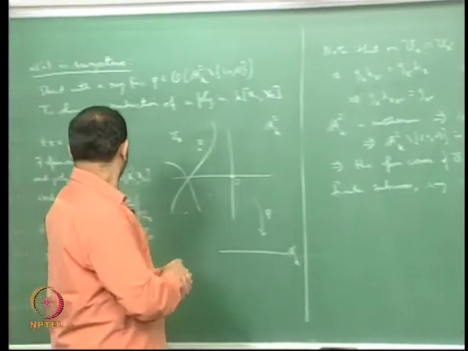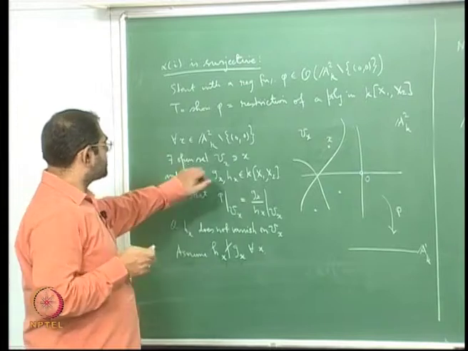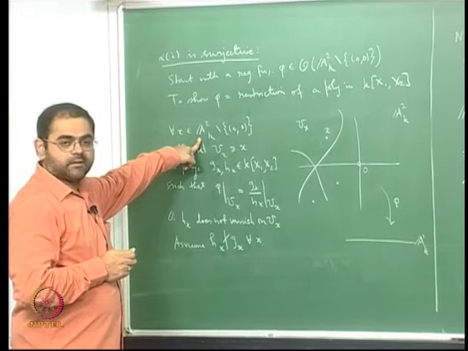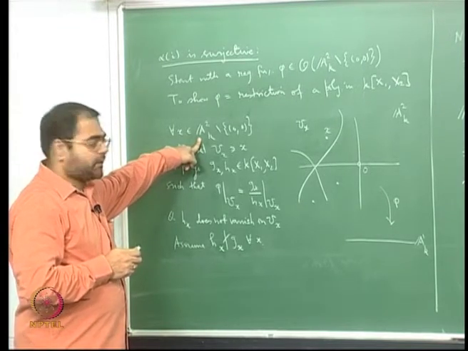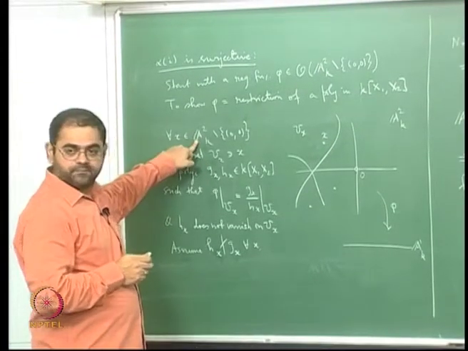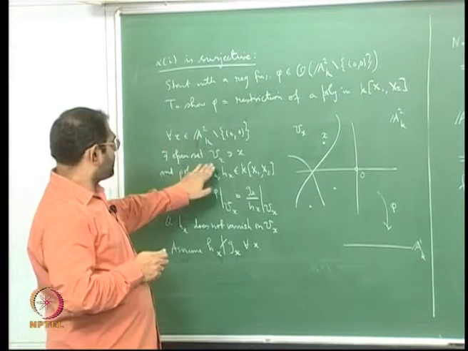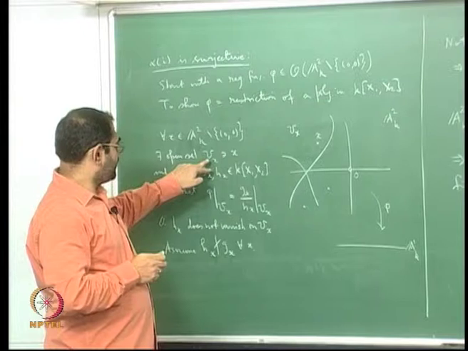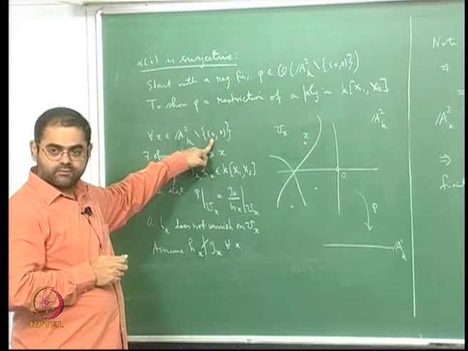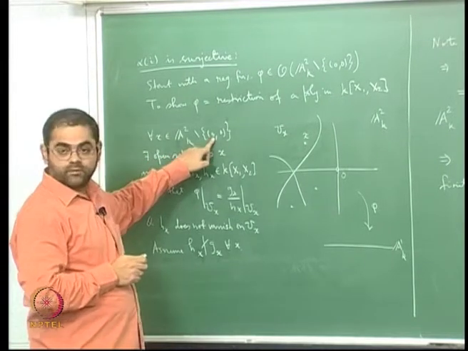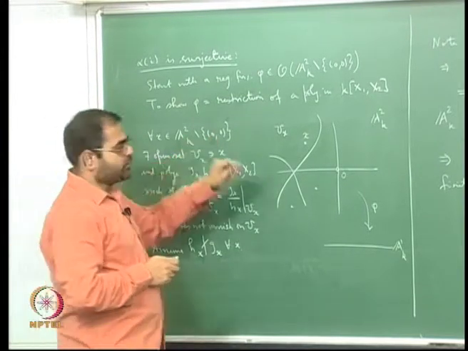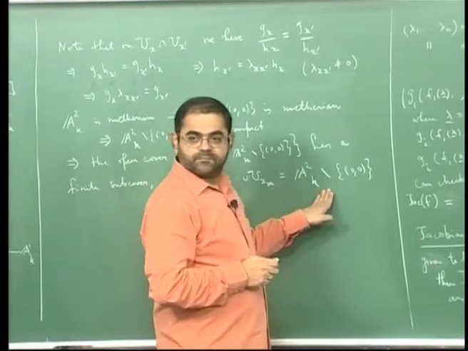And mind you, each open set is being taken in A2 minus a point. For every point in this I am looking at an open set there. The only problem is that this open subset might contain the origin, but then you can simply throw it out from that open set and replace it, puncturing it at the origin if it contains the origin. So this union will be this.